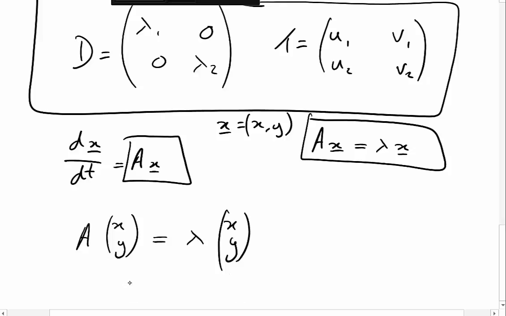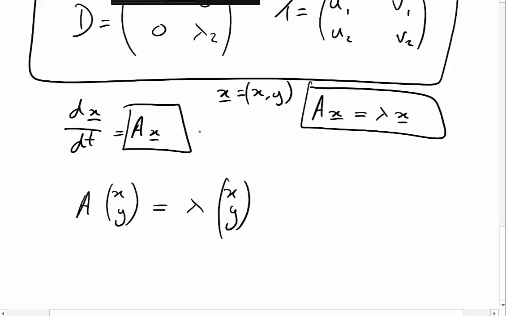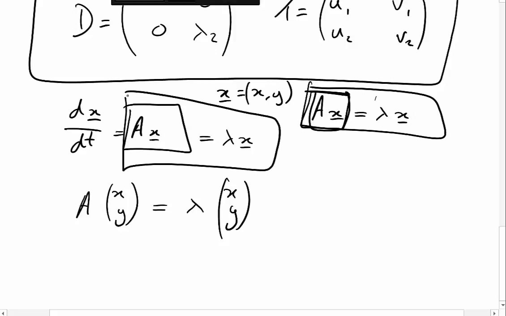Because my derivative is equal to Ax, it's also equal to lambda x. You happy that that Ax is the same as that Ax there, and that Ax is equal to lambda x? This is what I'm considering now: the right-hand side of my system here.